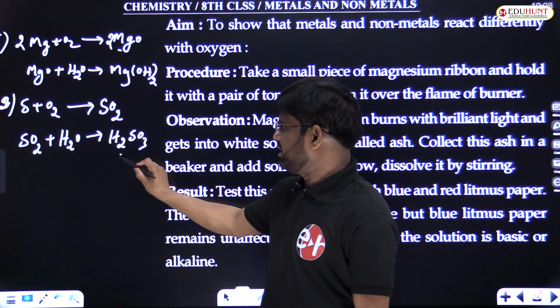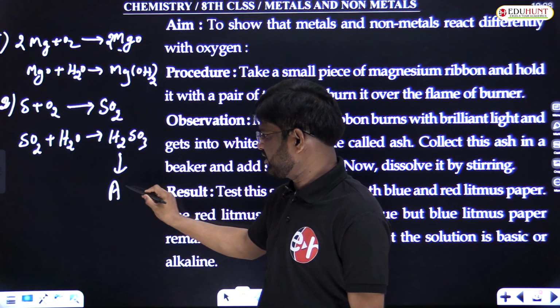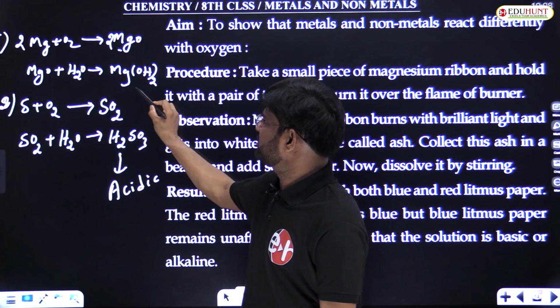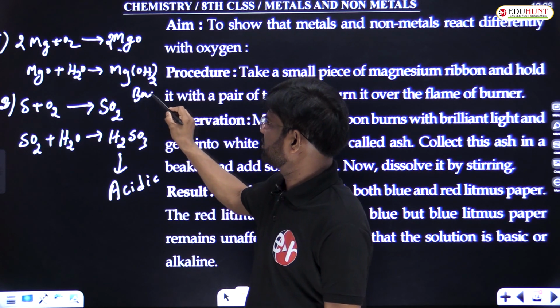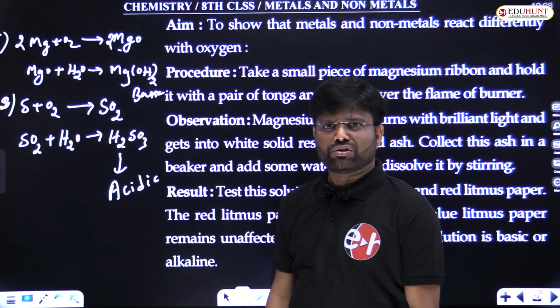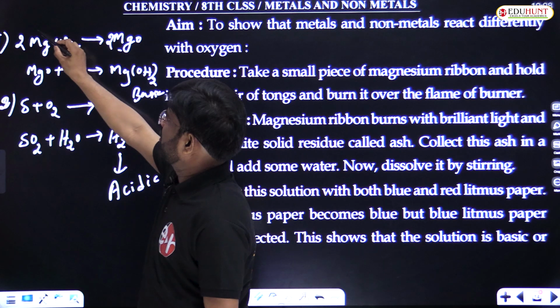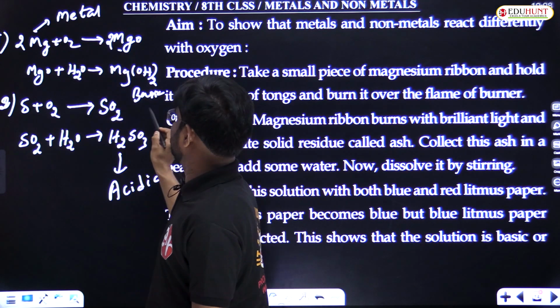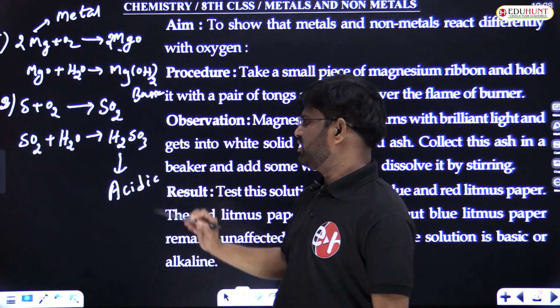So this is acidic in nature. That one is basic in nature. What is the conclusion here? Metals produce basic nature, non-metals are acidic in nature.